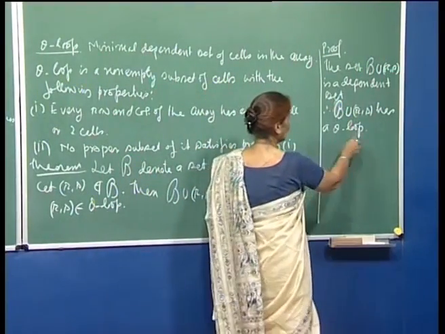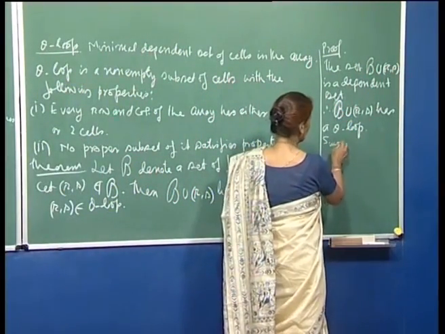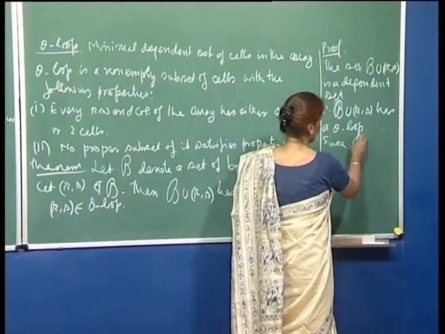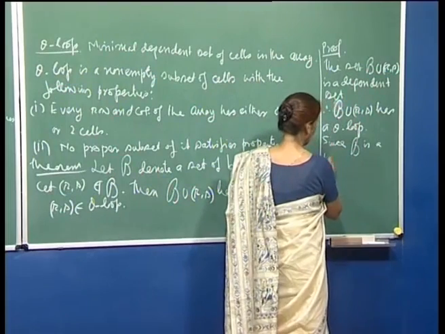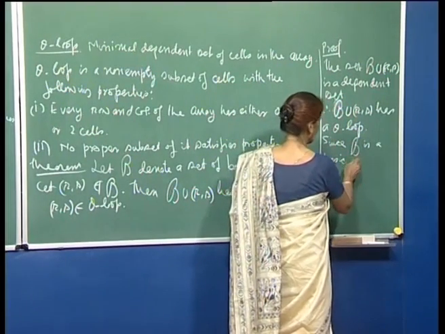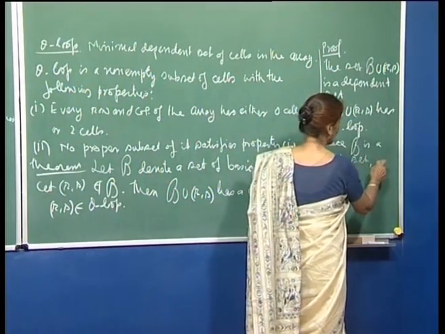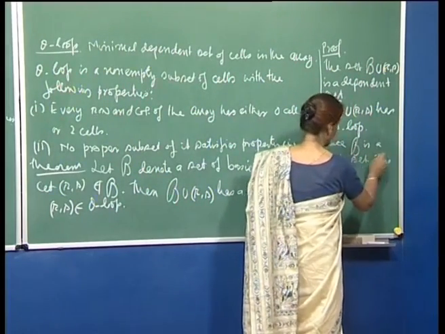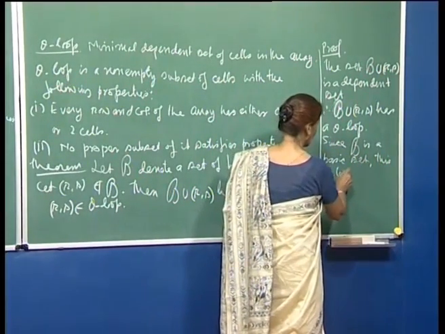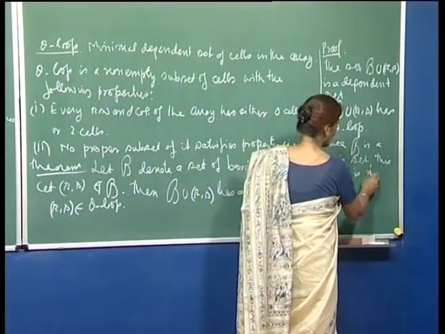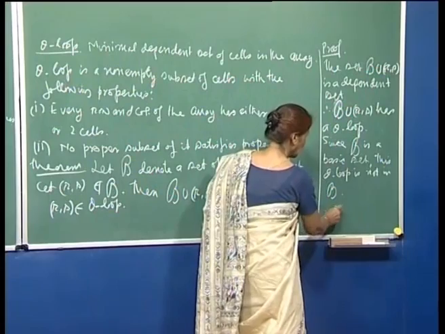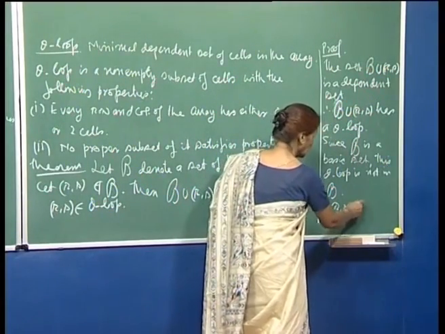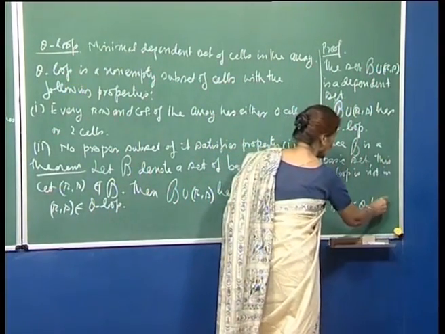But so, this has a theta loop, and since script B is an independent set, is a basic set, this theta loop is not in script B. Therefore, the cell R S belongs to the theta loop.